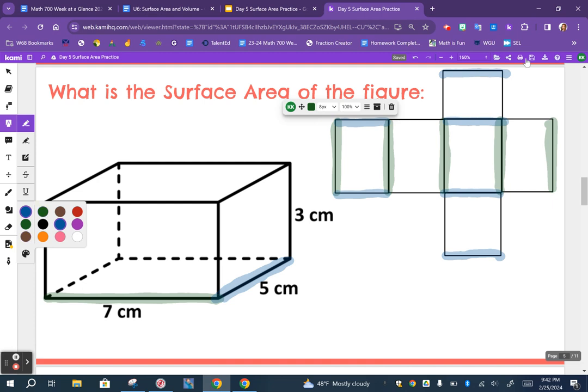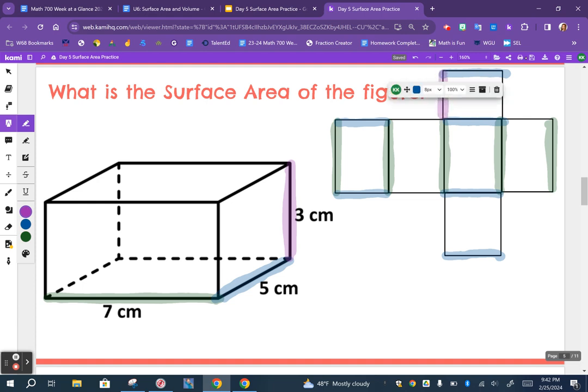So what we have last here is the 3 centimeter line. Now this is saying from the bottom to the top is 3 centimeters. So we can say that from the bottom to the top, which are these lines, would be 3 centimeters. And then again, when the net folds together, this line and this line will fold into the height as it is here, which means that all these lines are also 3 centimeters.